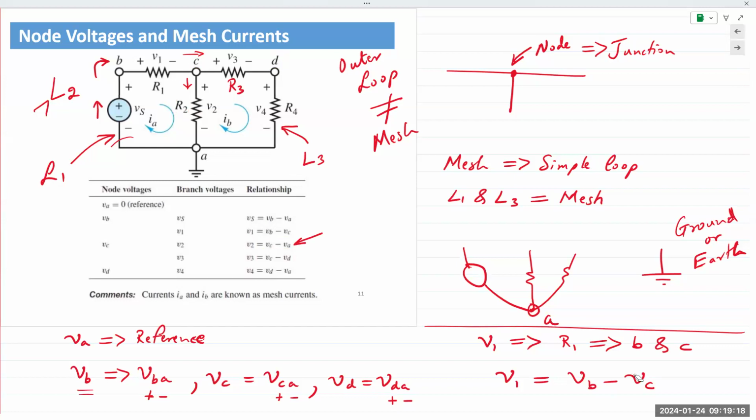V2 is here, R2. And so VC and VA. So V2 is the difference between C and A.